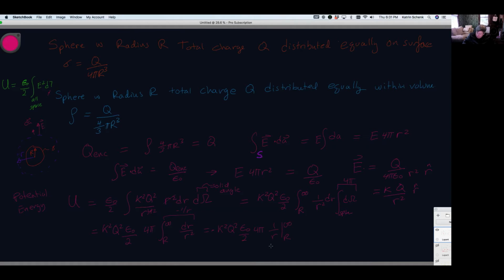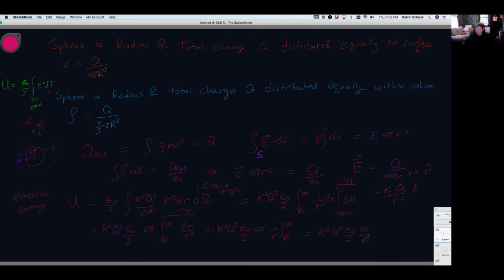This evaluates to 1 over infinity, which is 0, minus 1 over r, which will cancel that minus sign, and so we're left with k squared q squared epsilon naught over 2 times 4 pi over r.